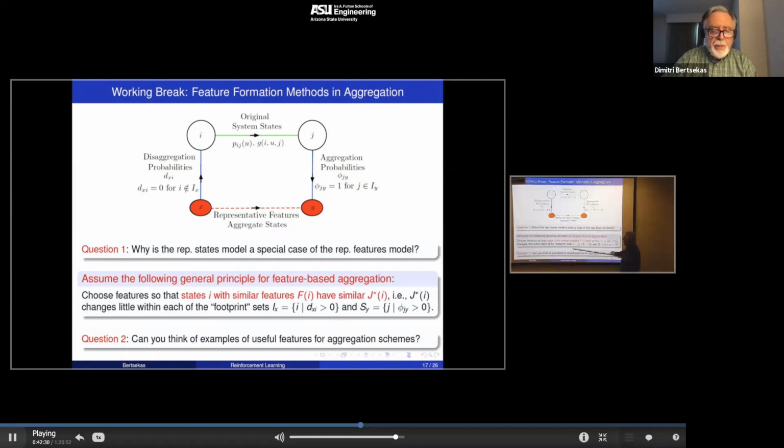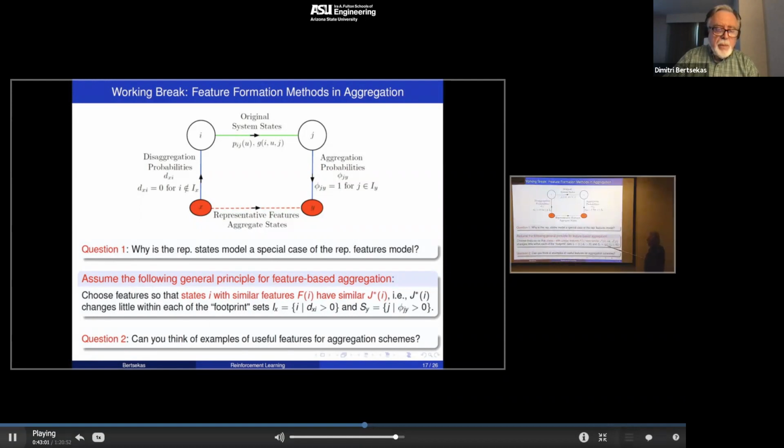Just like we had this error bound for representative states, there is a general principle in feature-based aggregation, which I'm not going to prove right now, but it's intuitive: we should choose features so that states with similar features have similar cost function. That's what features are for, to tell us something about J star, right? So suppose that we have a feature map like that.